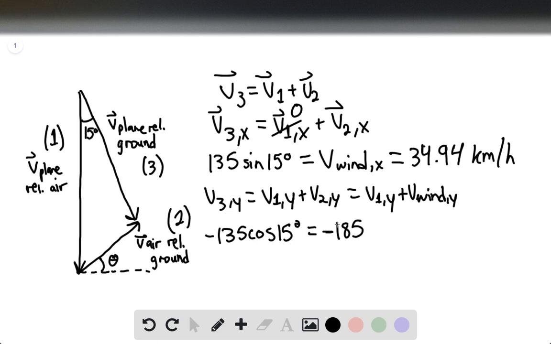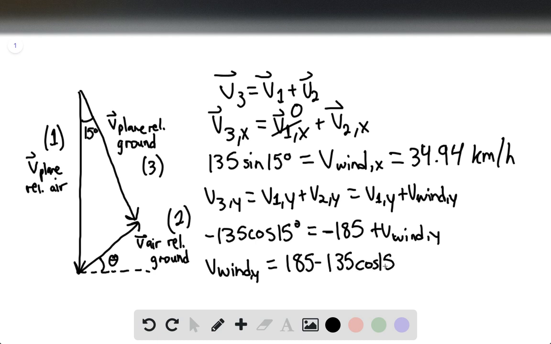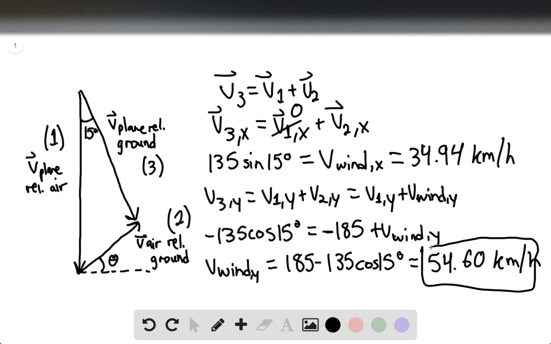So we can say that the velocity of wind in the y is going to be equal to 185 minus 135 cosine of 15 degrees. And this is going to equal 54.60 kilometers per hour. So this will be our y component for wind, and this will be our x component for wind.